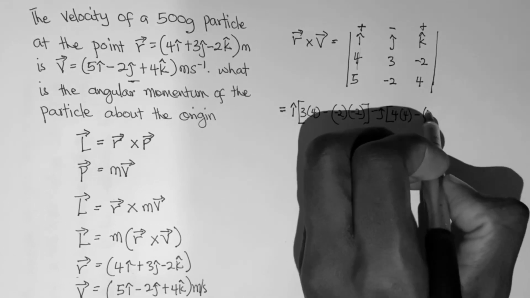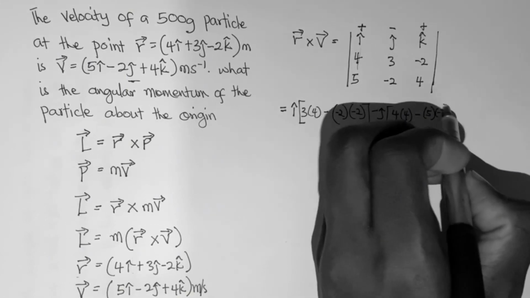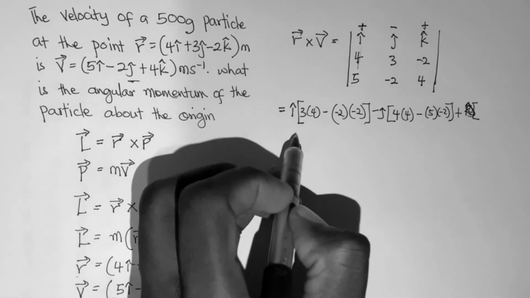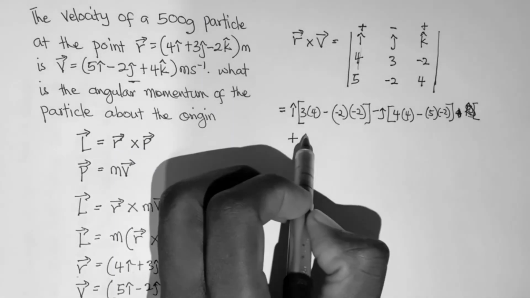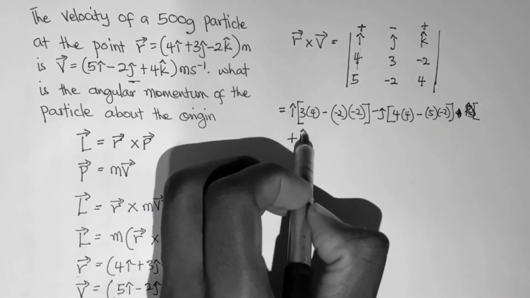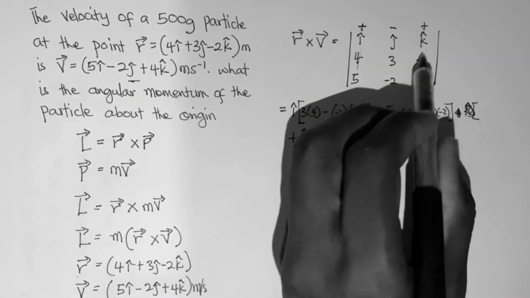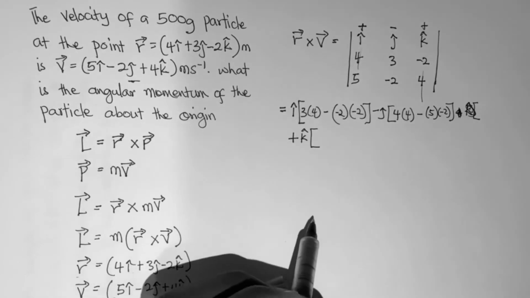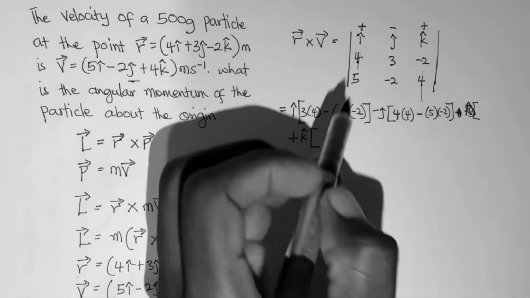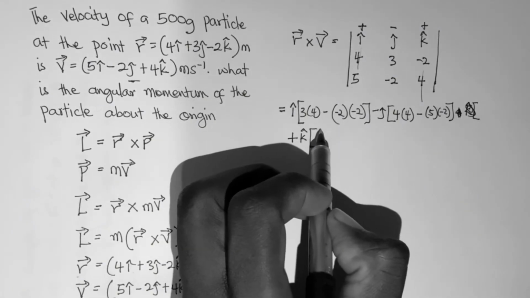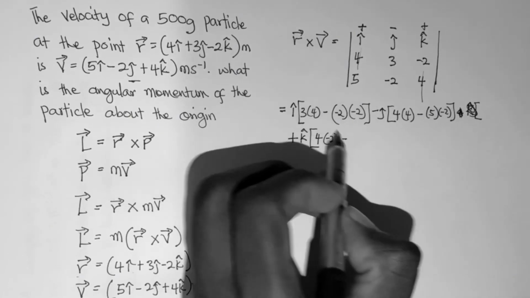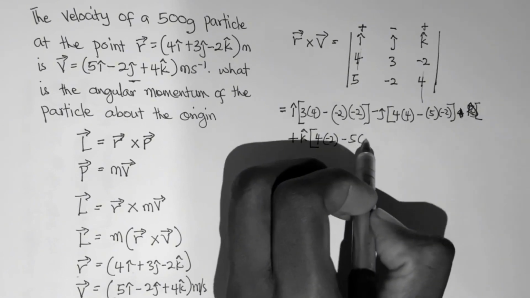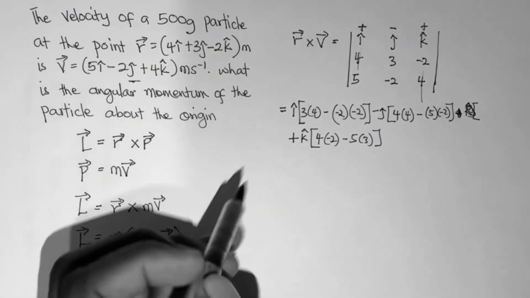Then plus the unit vector k, crossing out the row and column of k: 4 times minus 2, minus 5 times 3.